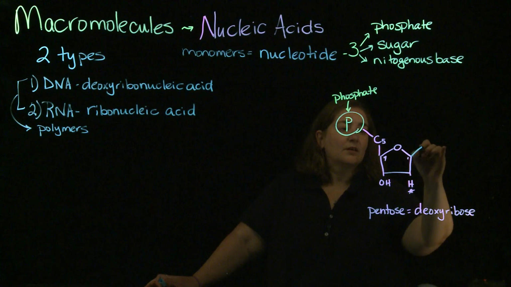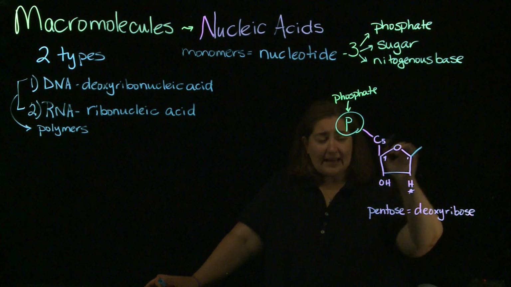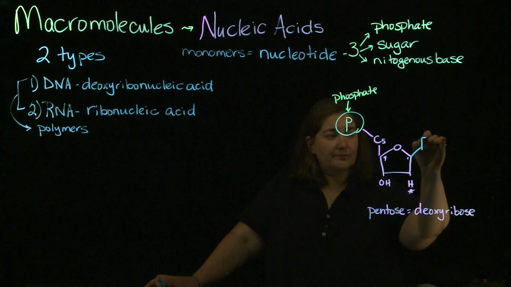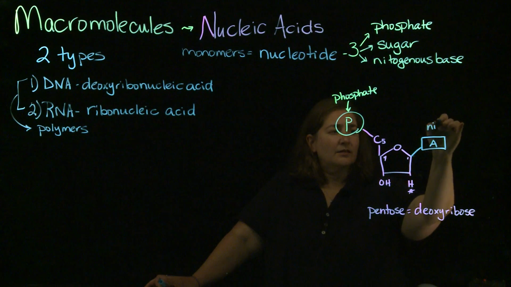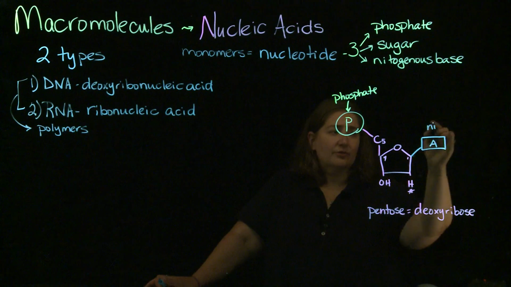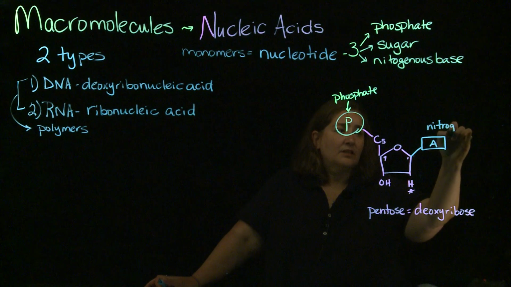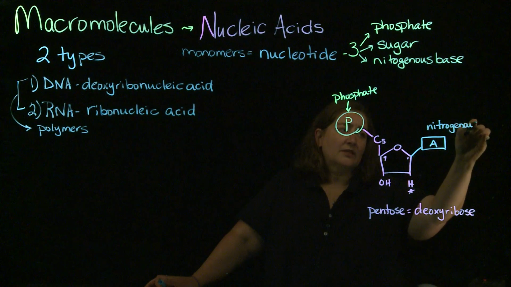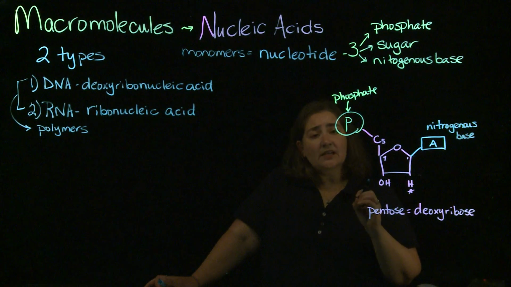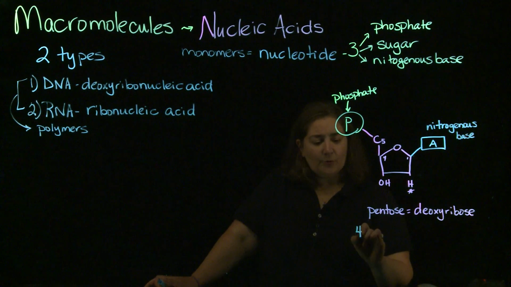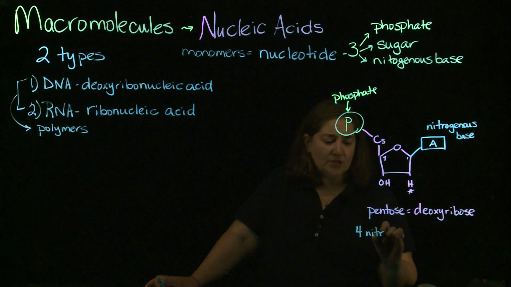Then attached to the sugar is going to be our nitrogenous base. And with deoxyribose, we've got 4 nitrogenous bases.